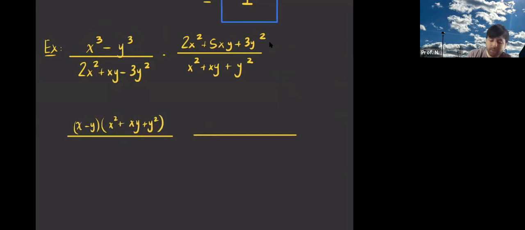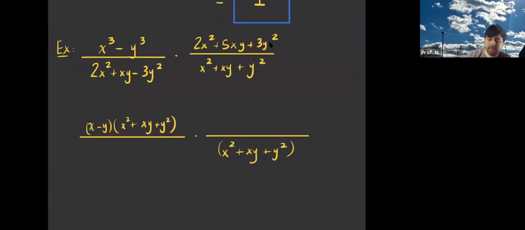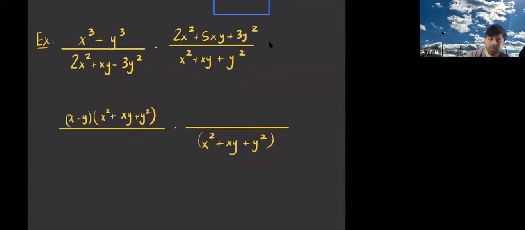And you should already start to see, hey, wait a minute, look at this. x squared plus xy plus y squared is also treated as in parentheses. And you notice this is the same thing as this. So you should already immediately know that these here will cancel out.